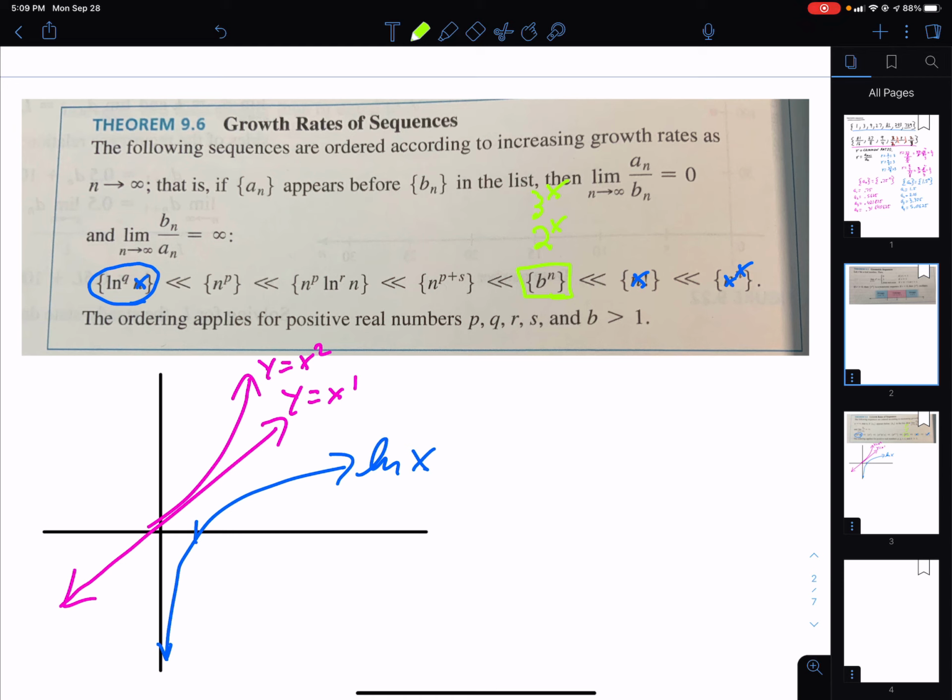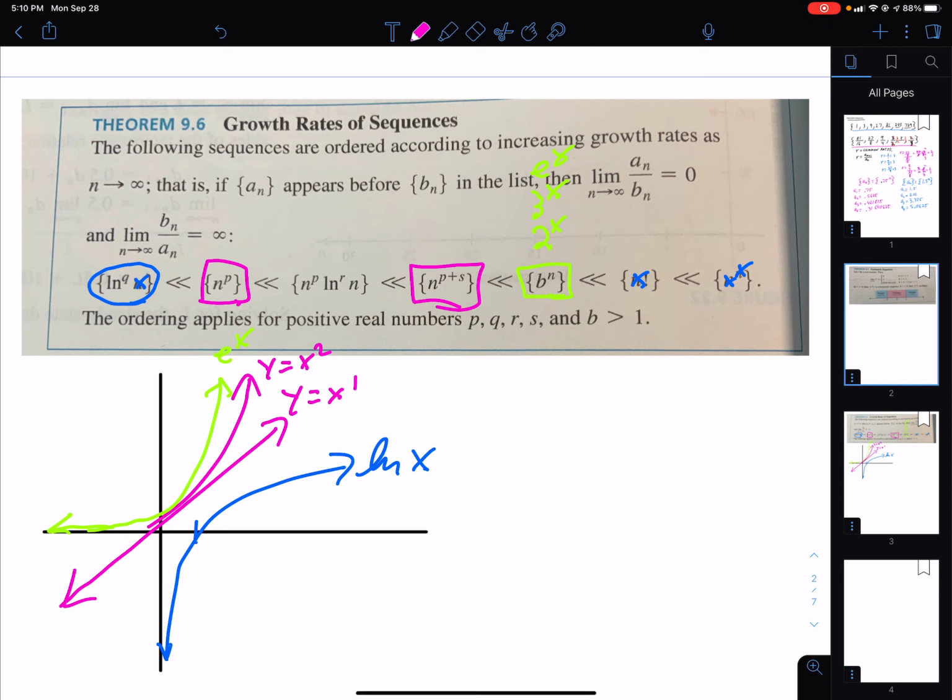That's exponential growth. e to the x is an example. So exponents have exponential growth, like e to the x. And you have to know that has a higher growth rate than a polynomial type function.